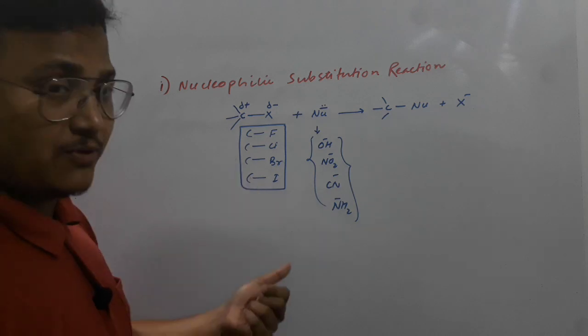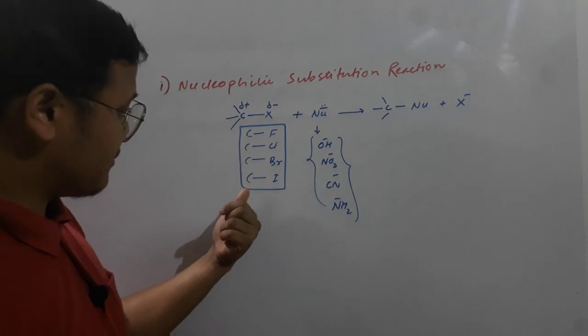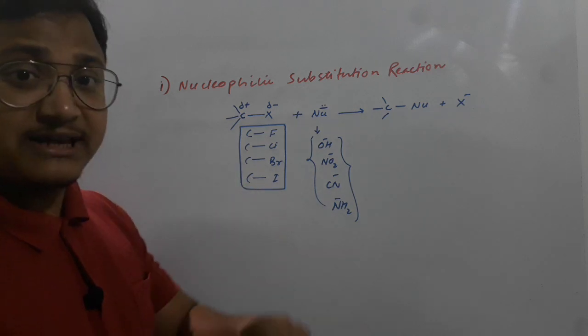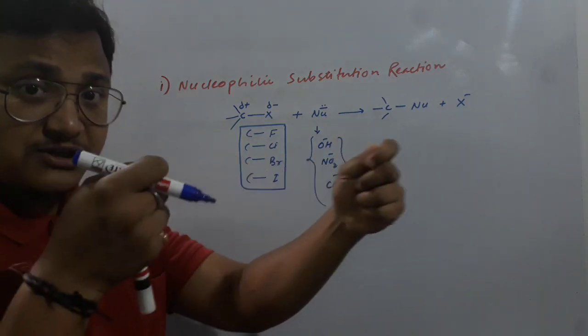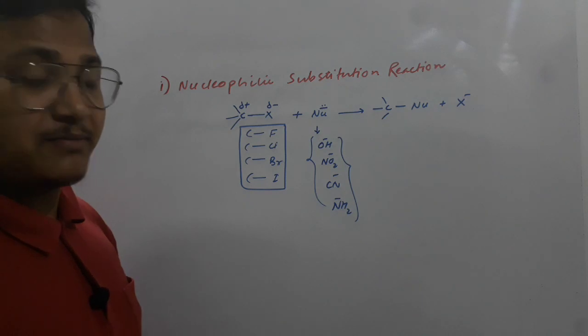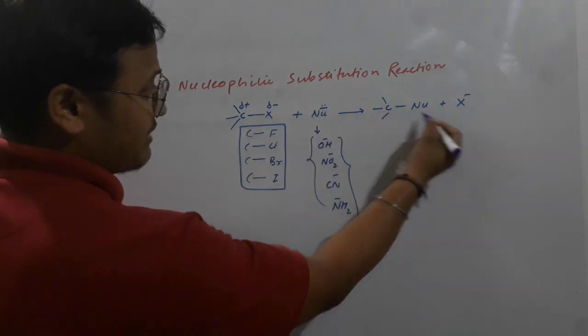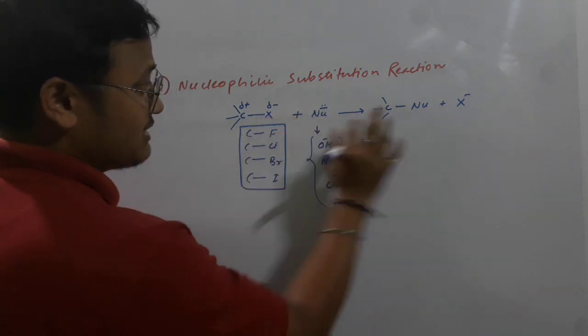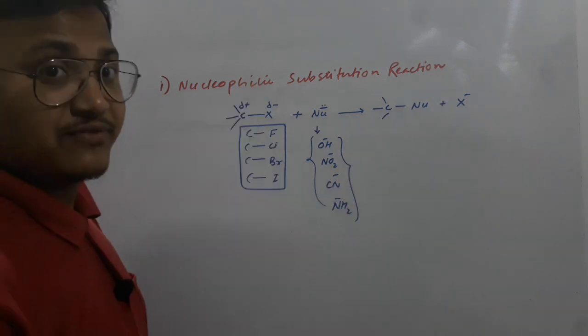In terms of carbon halogen bonds, the carbon iodine bond can be easily broken, as it has a much longer length than the other bonds. So if it is an alkyl iodide, the reaction will take place much faster.